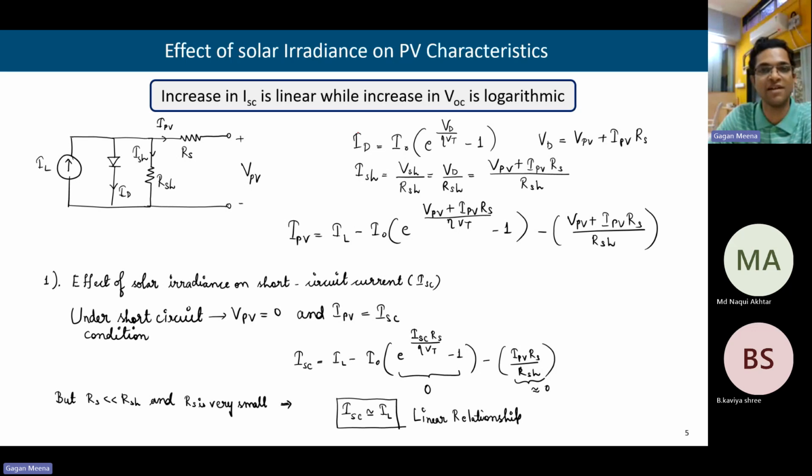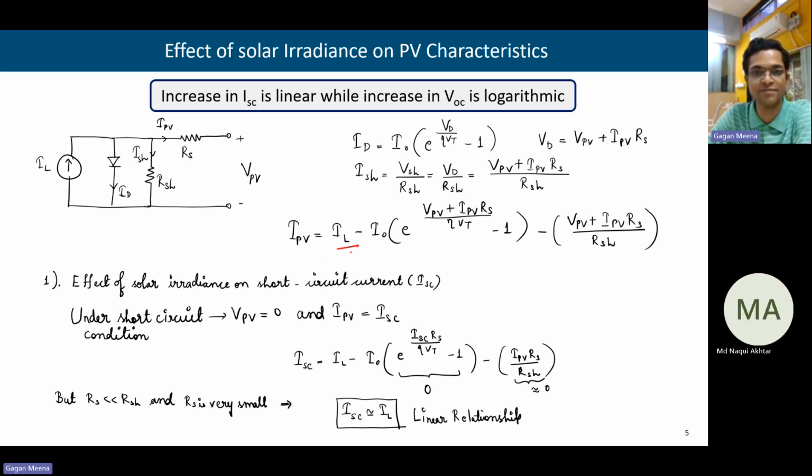We had discussed that the total photo generated current divides into two parts. One goes to the diode current and one goes to the shunt branch. So the total net current which we receive at the cell output terminal is IL minus ID minus the shunt branch current.